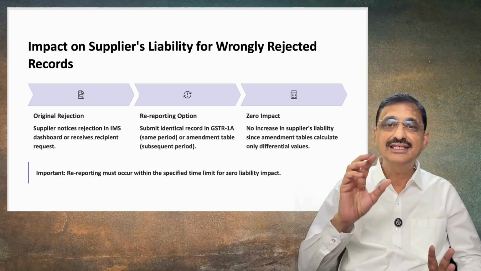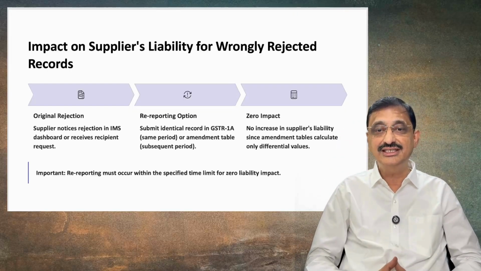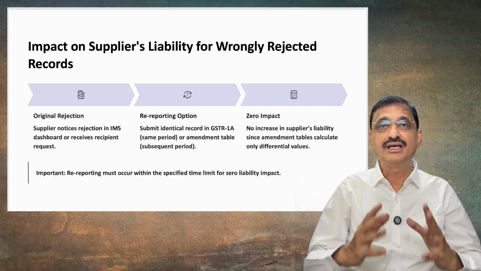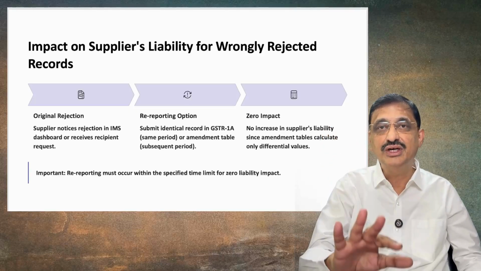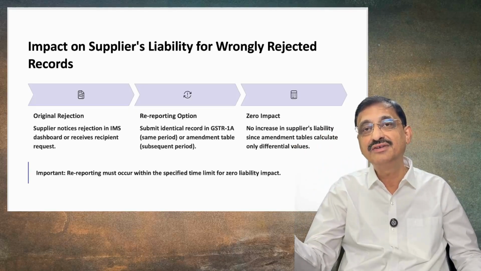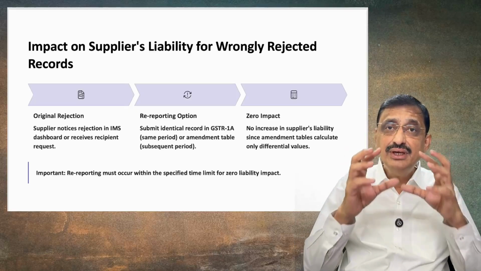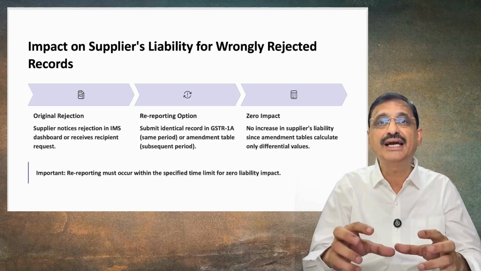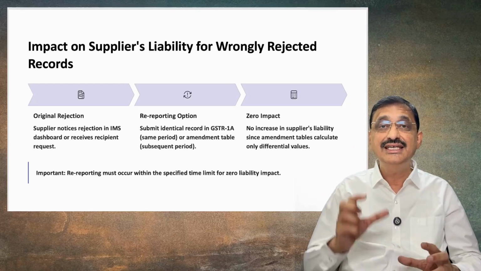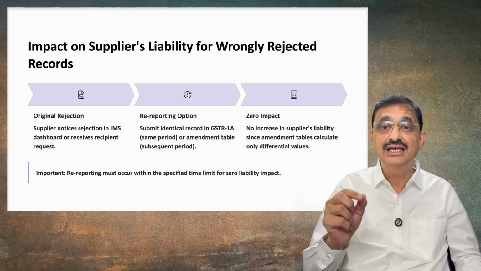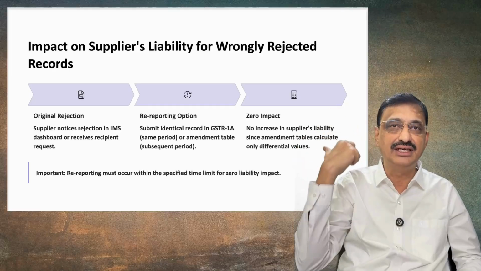After examining or confirming that it has been wrongly rejected by the recipient, the supplier has to again upload that invoice in his 1A, or the amendment table of 1, or the IFF statement in the subsequent period. Now, there will be zero impact on the liability of the supplier, because the amended tables calculate only the delta value or differential tax liability.